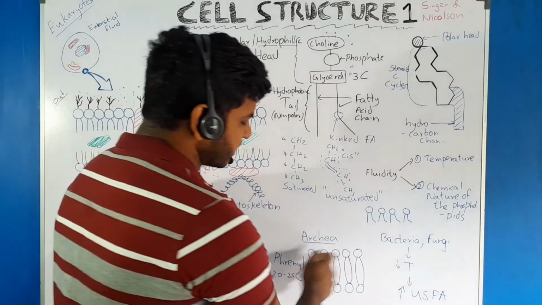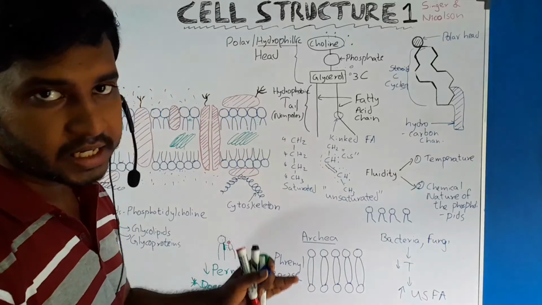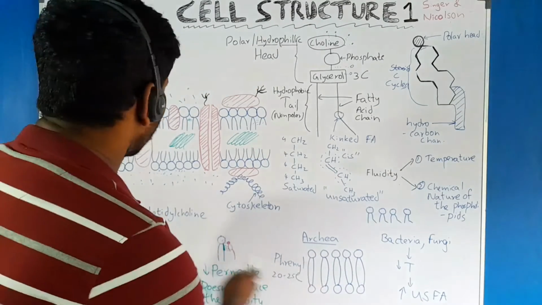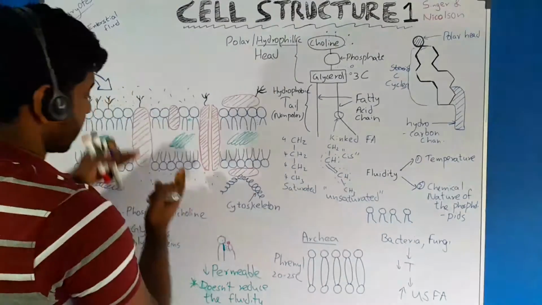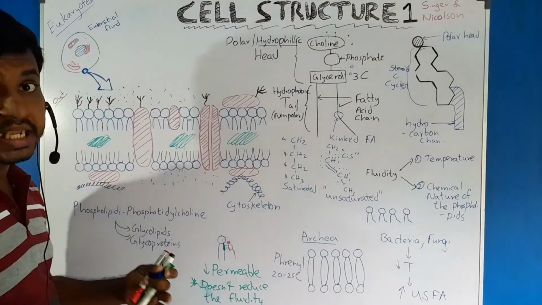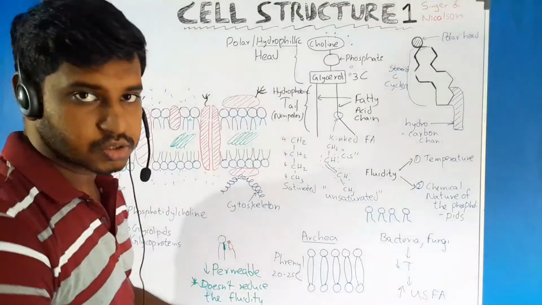So, these archaebacteria can withstand very high temperatures. In other organisms, when the temperature increases, the phospholipids' fluidity increases and the plasma membrane structure is destroyed.